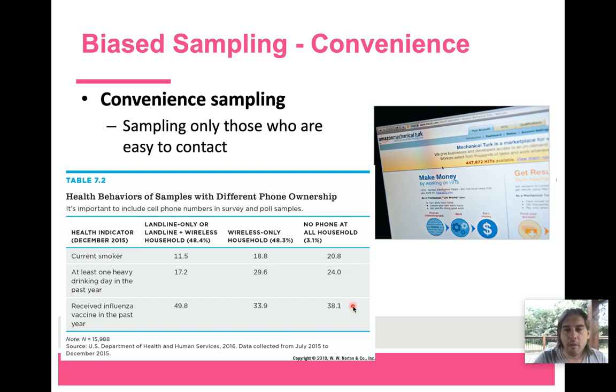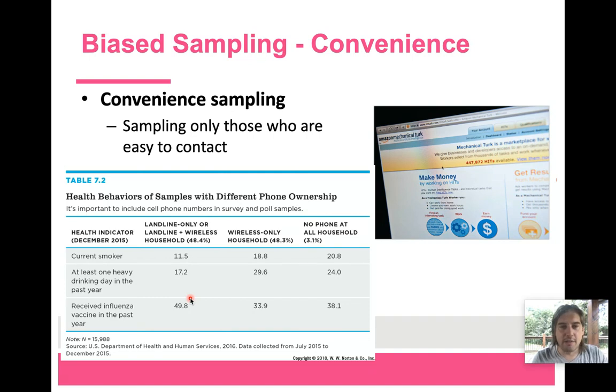Things like that. Who are people who have no phone? I would imagine if you have no cell phone and you have no landline, you're much more likely to be low income probably than someone who has a cell phone or a cell phone and a landline. So there are some demographic differences, I would say age and income, that are going to systematically differ based on the method of contact, based on the way in which someone can get in contact with you.